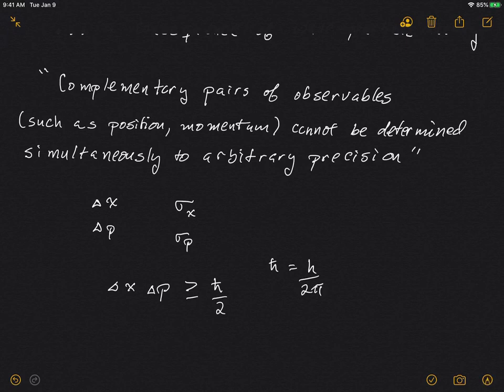A lot of times we end up running into this quantity h over 2 pi, and so there's an additional symbol that we have to get used to, and that's this h bar. And let me just say for completeness here, these are the uncertainties in position, momentum.